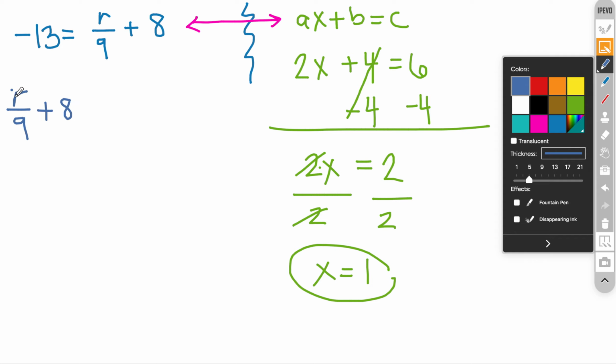I'll switch sides for the equation, and I can do that. That's valid as long as I keep whatever is on the right side the same, and whatever's on the left side I keep the same. Right?